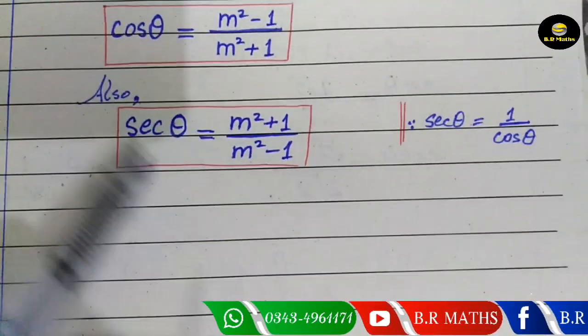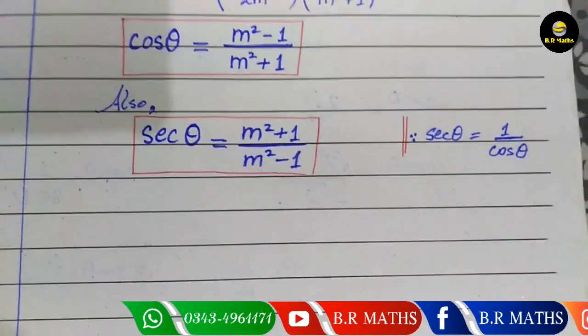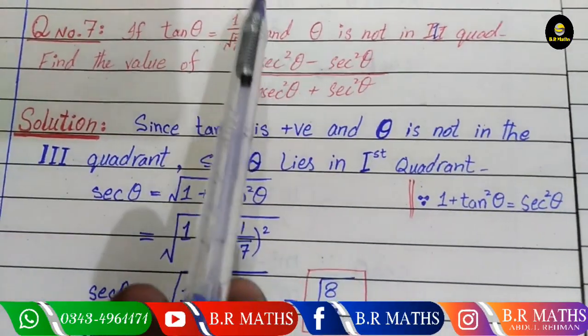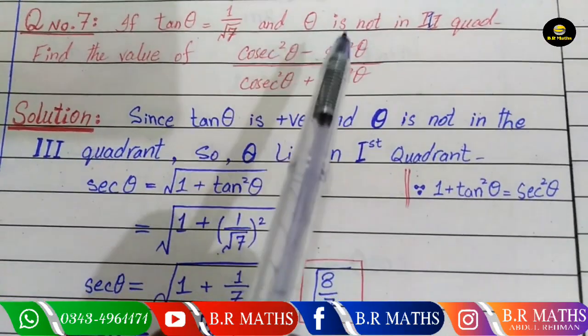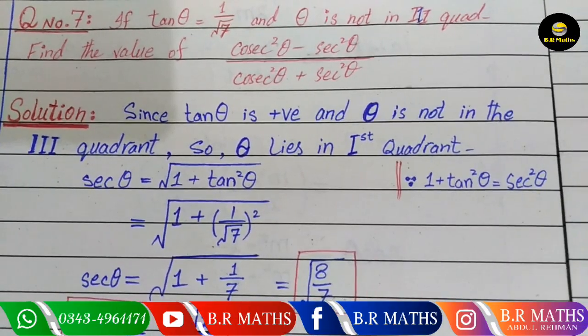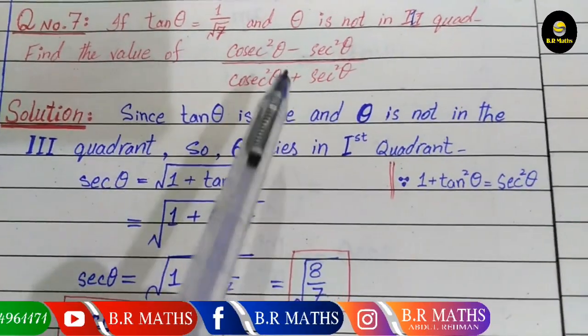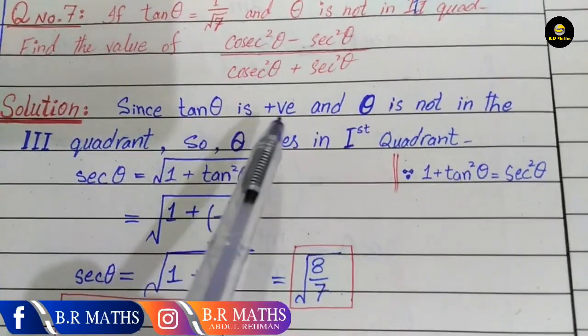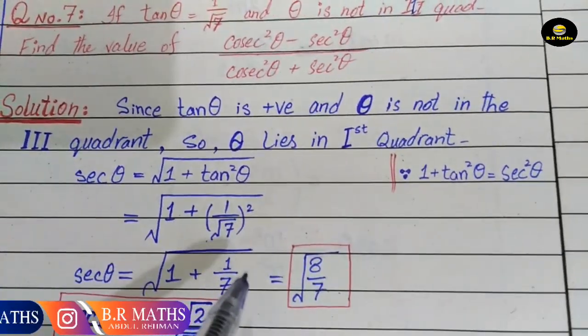So I hope you understand this question. Student, question number 7 is, if tangent theta is 1 over square root 7 and theta is not in the third quadrant, find the value of cosecant square minus secant square, divided by cosecant square plus secant square.